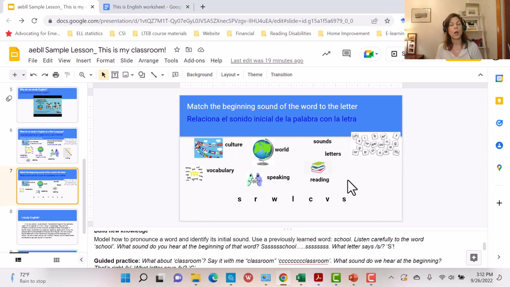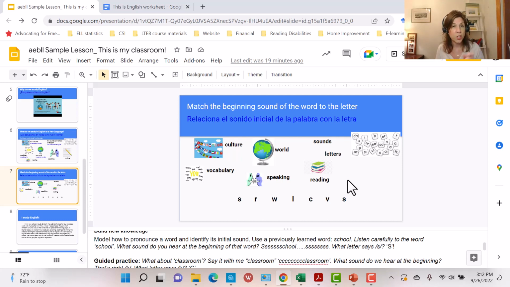Now, notice that I'm not using baby words here, okay? I'm not using cat and mat. I'm using the words that they have gathered from their oral language practice. These are academic words. These are difficult words. These are words that were in the video and on the worksheet.